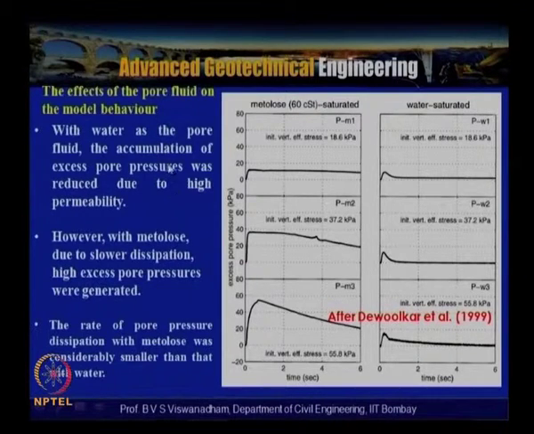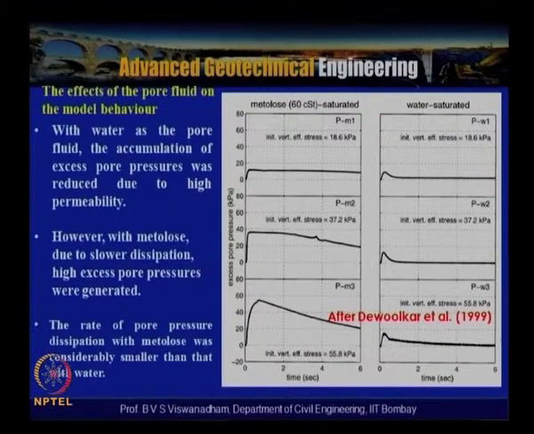When water is the pore fluid, the accumulation of excess pore water pressure was reduced due to high permeability. However, with metolose, due to slower dissipation, higher excess pore water pressures could be generated, and the rate of pore water pressure dissipation with metolose was considered to be smaller than with water.